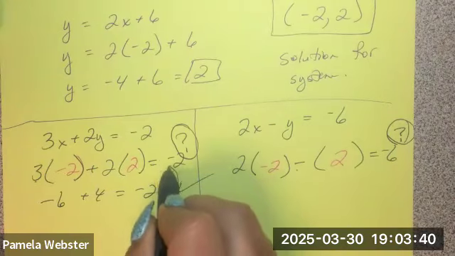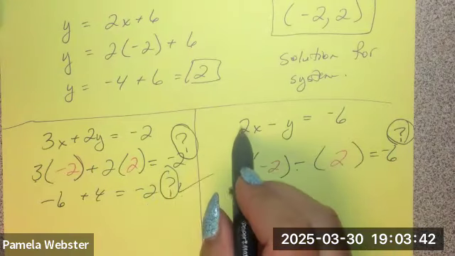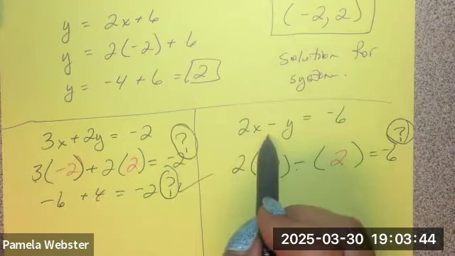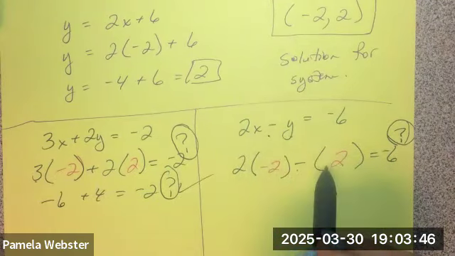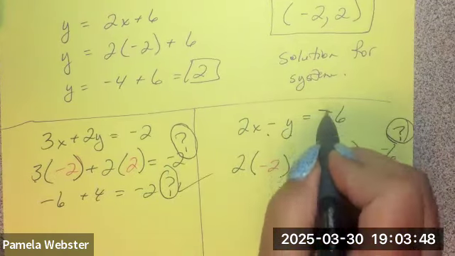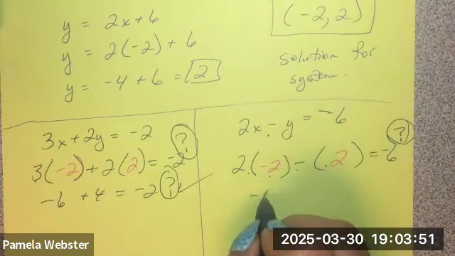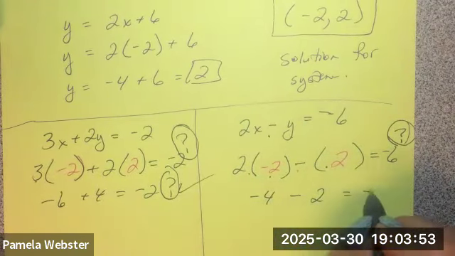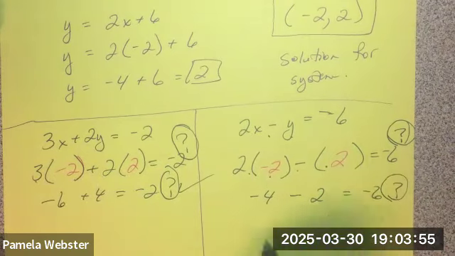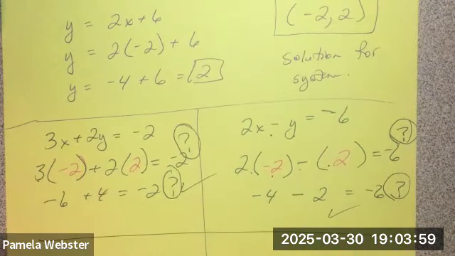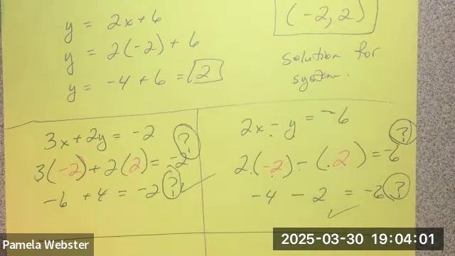There's lots of negatives. So it's 2 times a -2 for the x, minus a +2 for the y, equals -6. So 2 times -2 is -4, minus 2 is -6. Is that true? And the answer is yes, it works. So this point works in both of my equations. I do indeed have a solution.